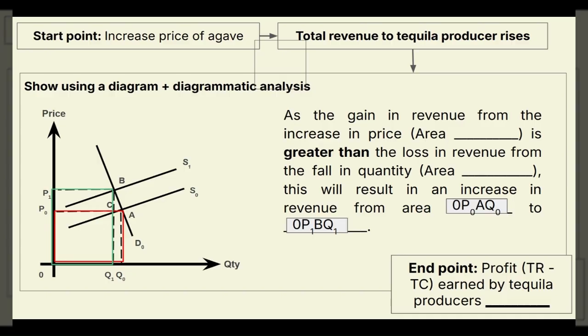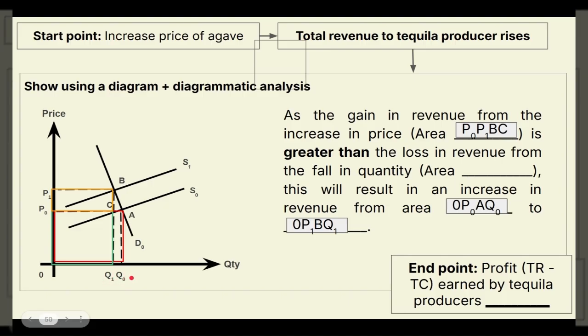We also need to find the gain in revenue and the loss in revenue. The gain in revenue is due to the increase in price from P0 to P1. Therefore, the gain in revenue is this orange box over here, P0, P1, B, and C. The loss in revenue is due to the fall in quantity.